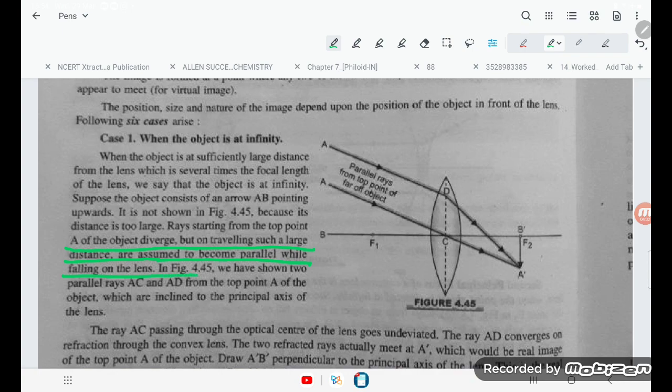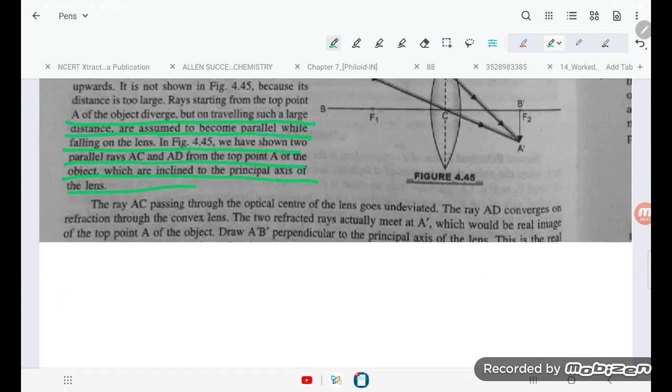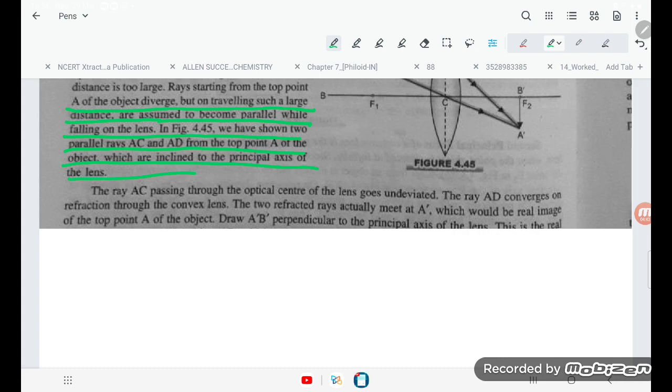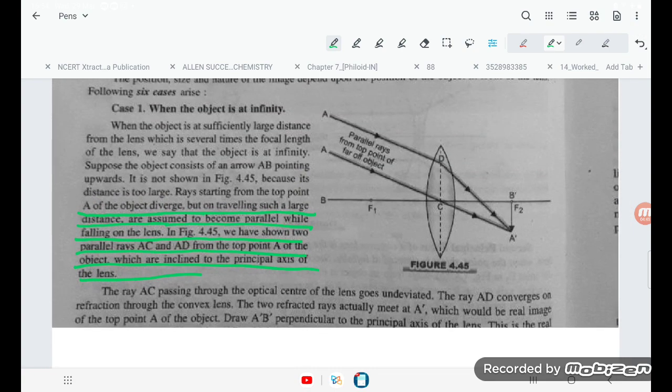While falling on the lens, we have shown two parallel rays AC and AD which are inclined to the principal axis of the lens. So here the image is getting formed, students.